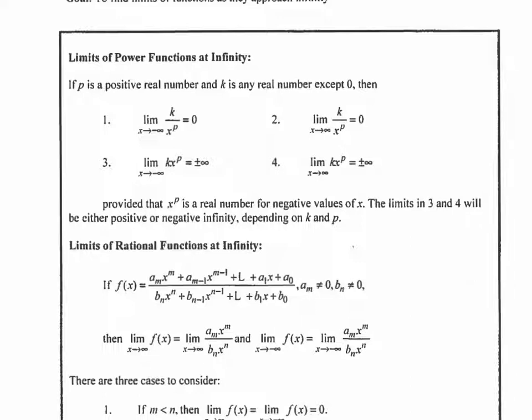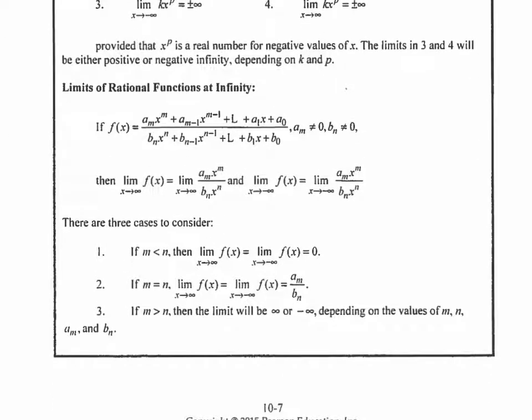Now, when we have fractions, rational functions. And I know this looks like a big mess here in this next thing. Basically, here's what it's saying. It doesn't matter how many terms there are, but what I'm going to look at will be these leading terms right here, top and bottom.